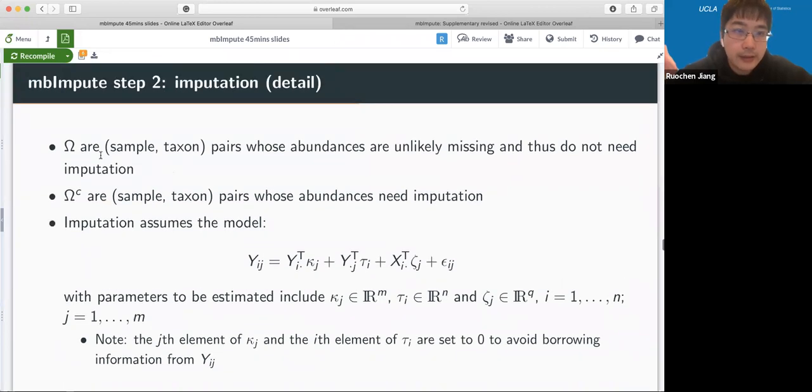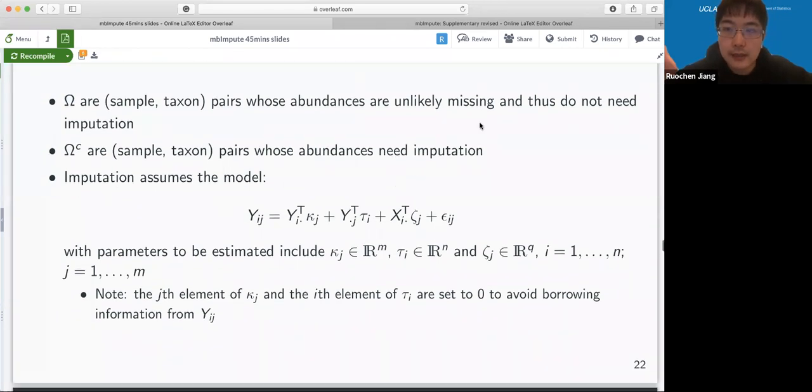Okay, then in more detail, if you recall, omega is the set of sample-taxon pairs whose abundances are unlikely missing and thus do not need imputation, and the omega complement is the set of sample-taxon pairs whose abundances need imputation. Our imputation assumes a linear model. So it's the similar taxa across different entries and the similar samples across different taxa, times some parameters.